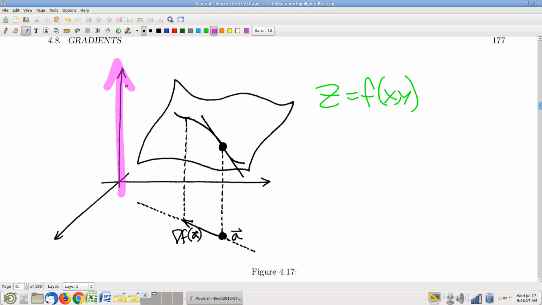Thinking about the directions you might go in the domain, and you want to make height increase as fast as possible, the way you would say that is that we're looking to have our movement on the graph be as steep as possible.